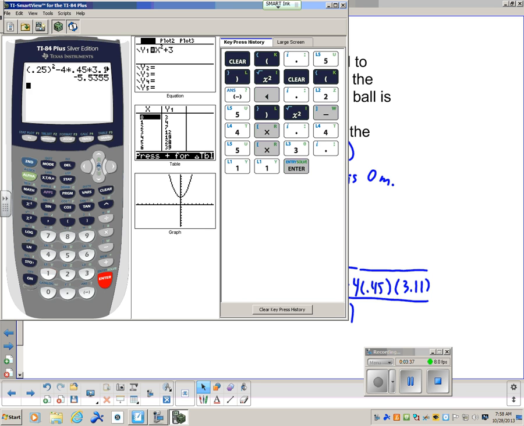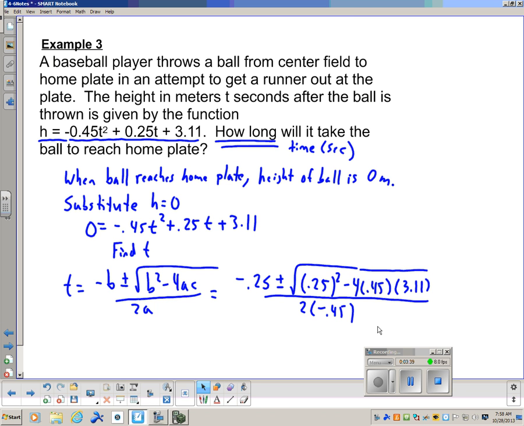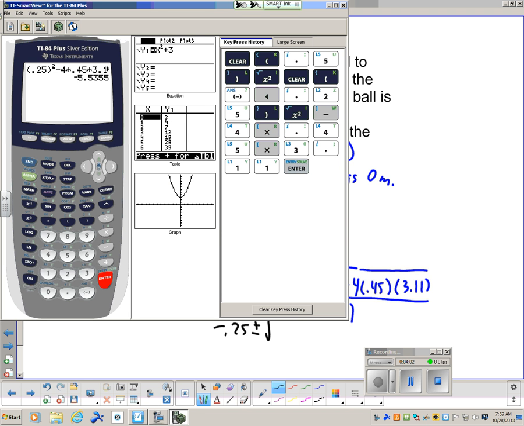I got negative 0.5355. So negative 0.25 plus or minus the square root. What was that value? Negative. How did I get a negative?